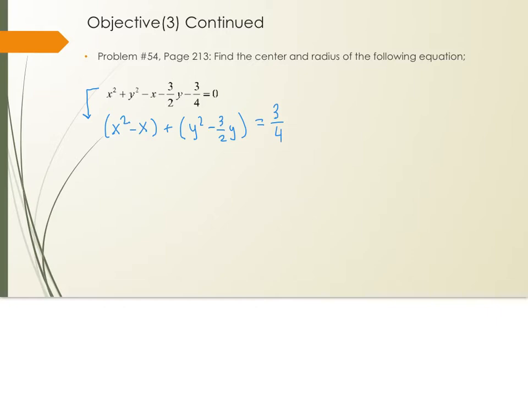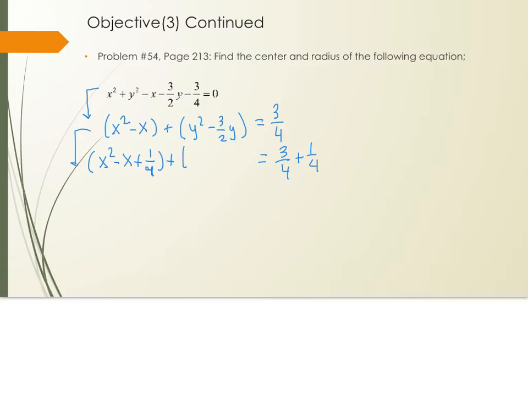Now I have to complete the square, so I'm going to take half of negative 1 and square it, and I get a half squared is 1/4. And I probably should do that now. See, I have 3/4 plus 1/4. Probably should do this on a regular basis.